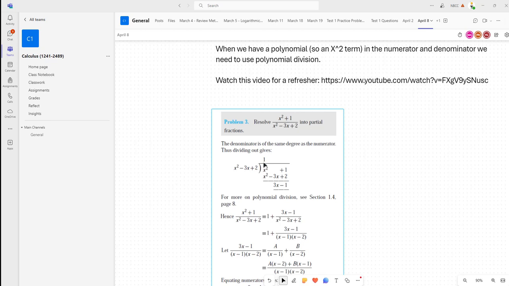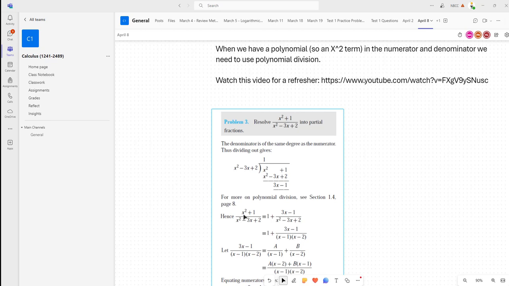So if you've watched the video, you'll know that we write out what's in the denominator here, and it's being divided into here. And you'll know that x squared minus 3x plus 2 can only really go into x squared plus 1 once. And our remainder here is 3x minus 1. So you remember the remainder in long division is what can't be divided out.